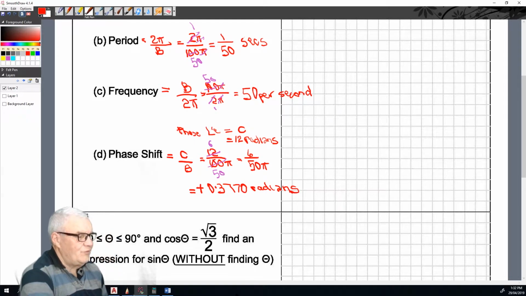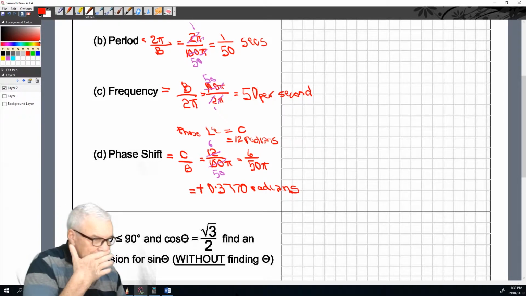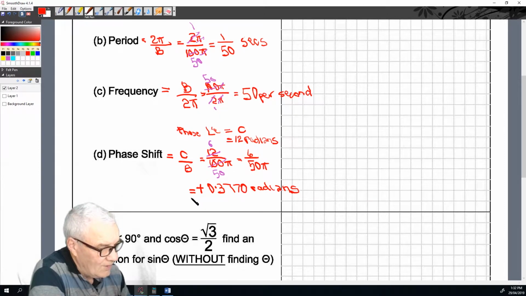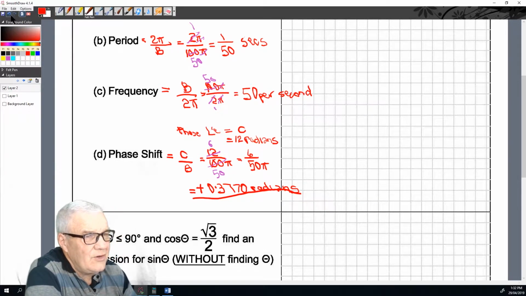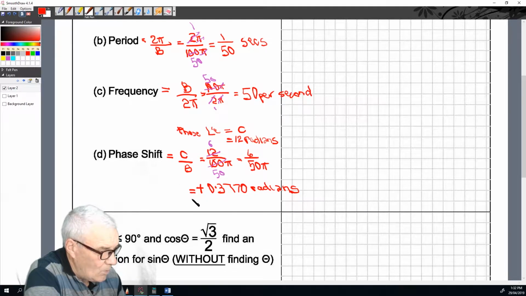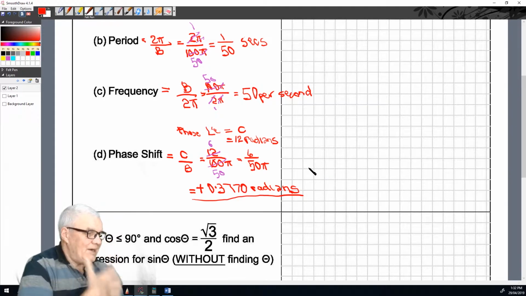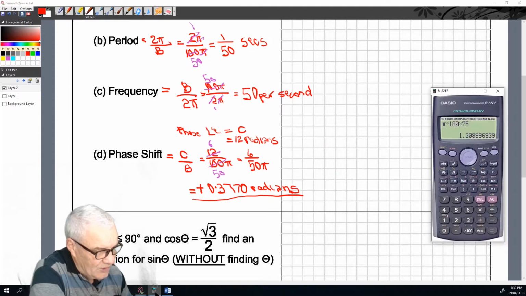And a positive result means it's shifting to the left. We'll just underline that. There we go. And we'll just confirm that on the calculator.